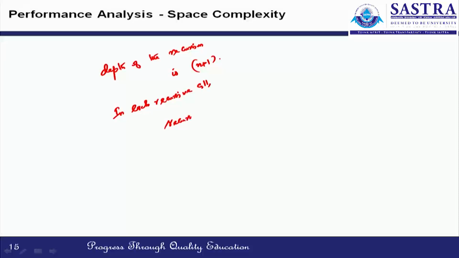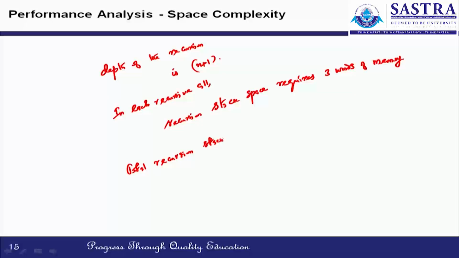Recursion stack space requires 3 words of memory. Hence, the total recursion stack space is at least 3 into n plus 1 words.